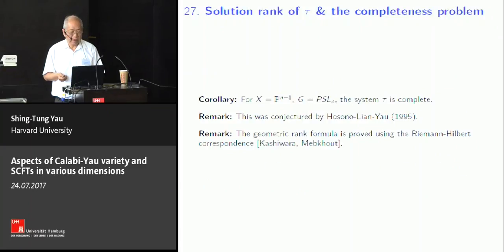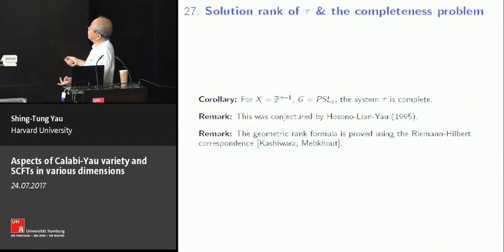We know exactly when it's true, then it's complete. So complete tells you that the solution system is exactly given by the tautological system. And so there are special cases which can be computed, and the system is complete in the case of projective space in particular. And some of this was conjectured by us many years ago, 20 years ago. Anyway, so this we call the geometric rank formula.